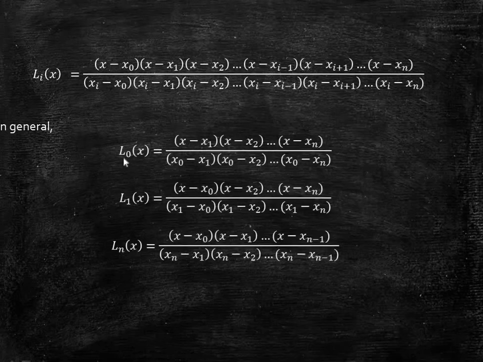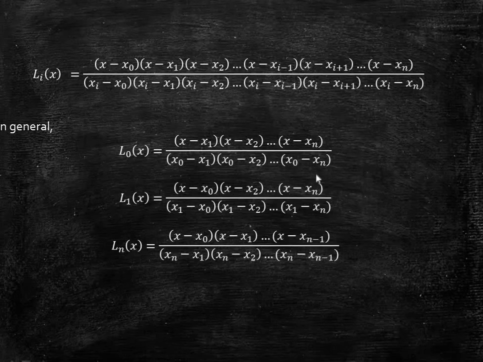If we consider L0 of x, we don't take the term x minus x0, because we have to calculate L0 of x. So we start from x minus x1, x minus x2, up to x minus xn. In the denominator, we just replace x by x0, so we get x0 minus x1, x0 minus x2, up to x0 minus xn.